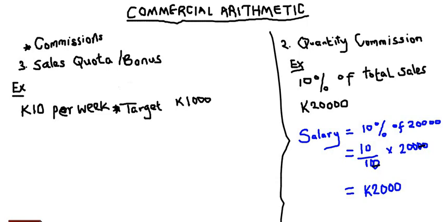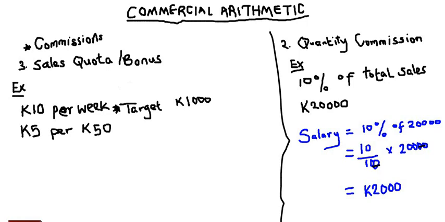All right. Now there could be a bonus or a sales quota to say for every extra 500 kwacha that is sold, the salesperson is paid 5 kwacha.